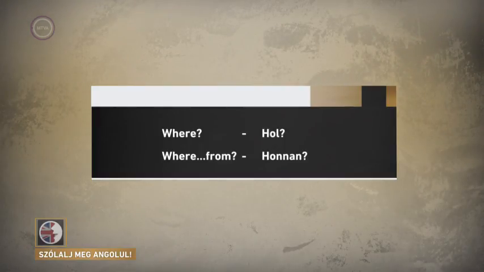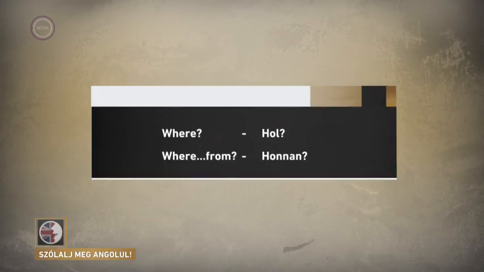Okay, another one. The answer is, she's from Caracas. What's the question? That's right. Where is she from? Magic. Now, let's use the information below to make positive and negative sentences and questions. Here's an example.